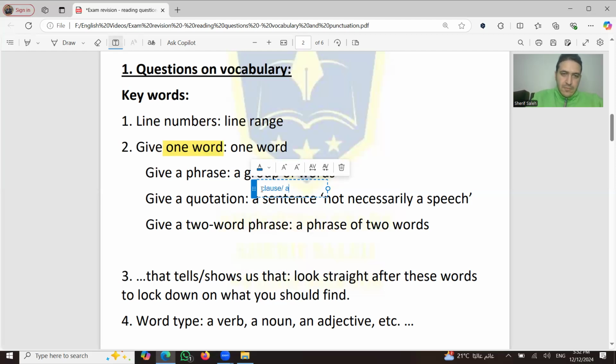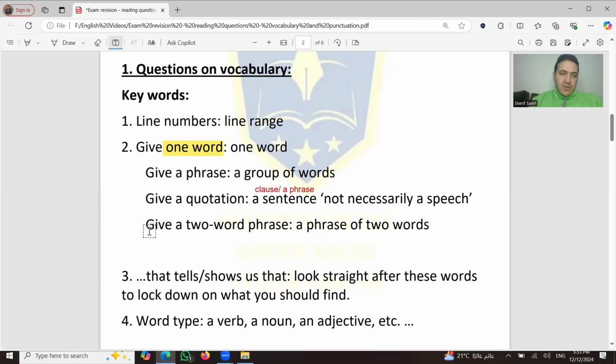It doesn't necessarily mean that we need to find speech marks or dialogues. To give a quotation simply means that we need to find a sentence, a clause, or a phrase from the text.